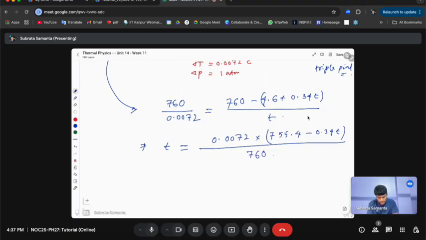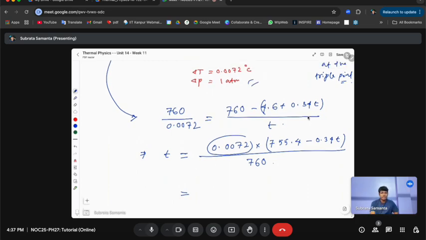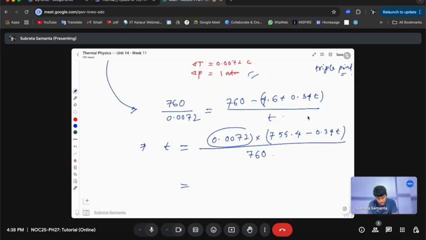It's in degree centigrade because 0.0072 is in degree centigrade, and the other quantities are dimensionless, since they are ratios of the same quantity. So it becomes 0.00756 degree centigrade.